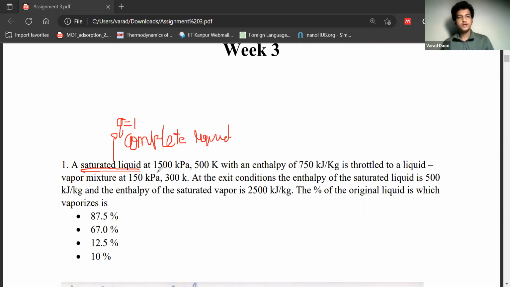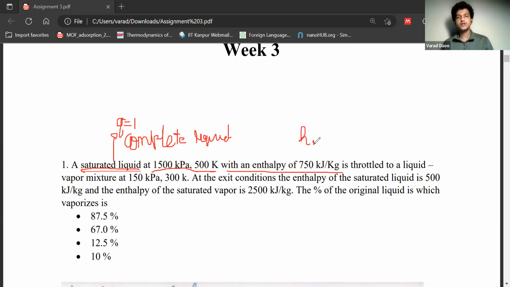It is at 1500 kilopascal and 500 Kelvin, and it's a saturated liquid with an enthalpy of 750 kilojoule per kg.